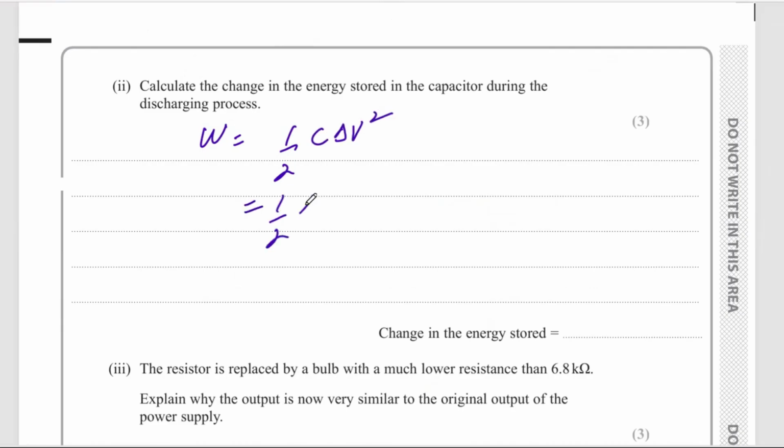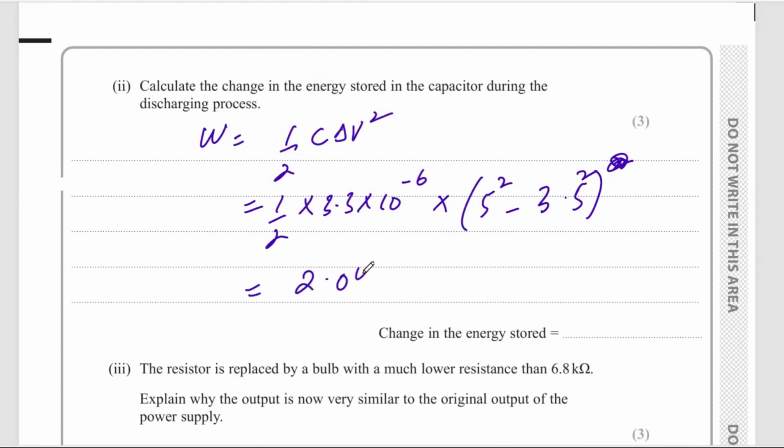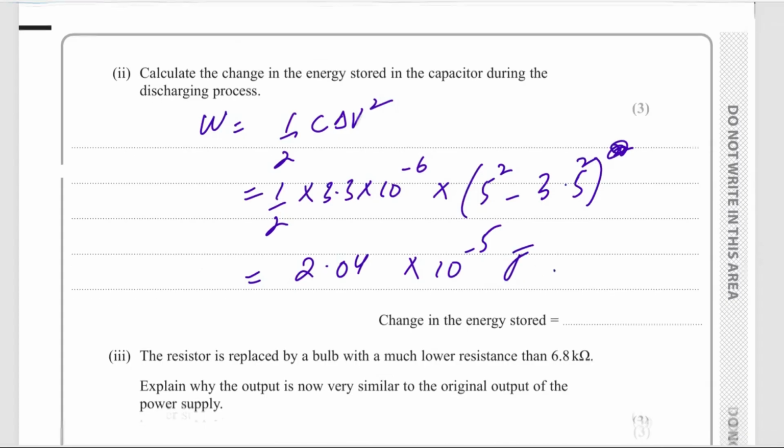So 1 by 2, capacitance was 3.3 microfarad, that is 10 to the power of minus 6 farad, times the change in the voltages: 5 squared minus the lower voltage, 3.5 squared. And when I solve it, the energy comes out to be 2.04 times 10 raised to the power of negative 5 joules, right?